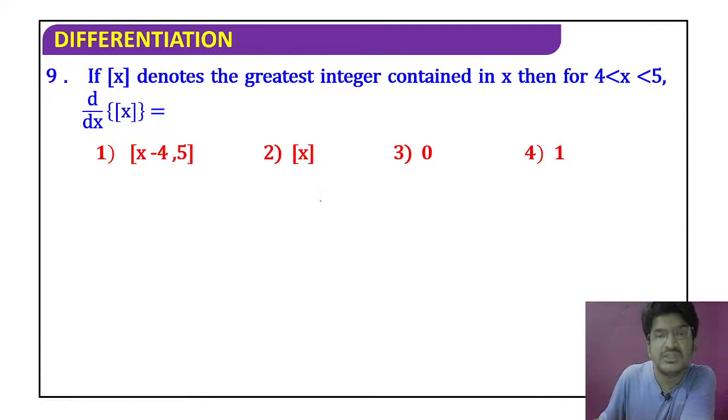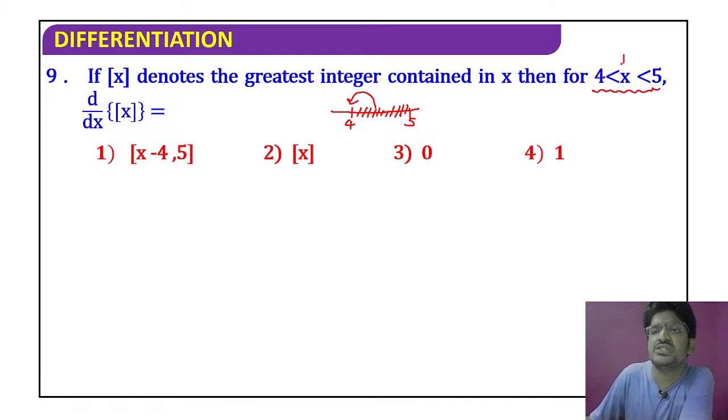See here, the greatest integer function for x in between 4 and 5. What is given? x is in between 4 and 5. If x is in between 4 and 5, what will be the greatest integer of values in between 4 and 5?